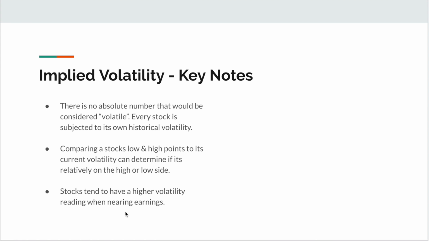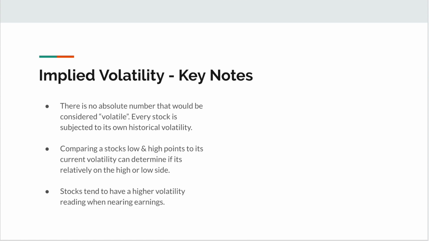You have to be careful when you're buying your options, because if a stock has temporarily high volatility and you buy a stock option that is one month away from expiration, then you can very much lose money on your option because the volatility starts to go down.